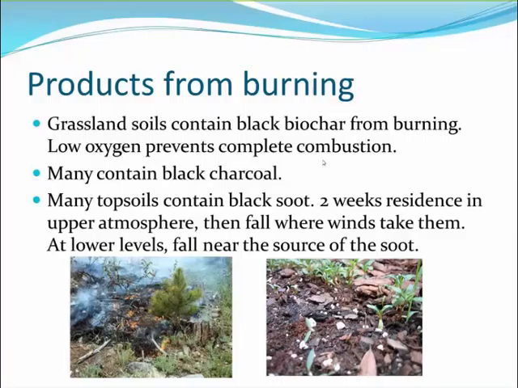One area where that happens a lot would be areas that get monsoon rainfall. And at lower levels, in other words, the soot that doesn't get high into the atmosphere, falls very near the source of the soot. And again, it is a black pigment that actually does change the color of the soil.